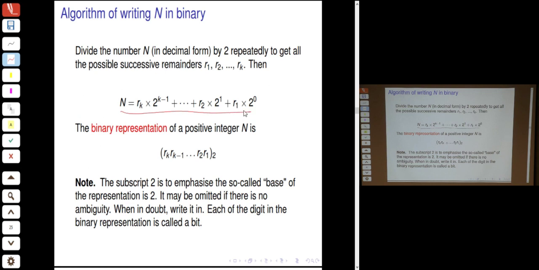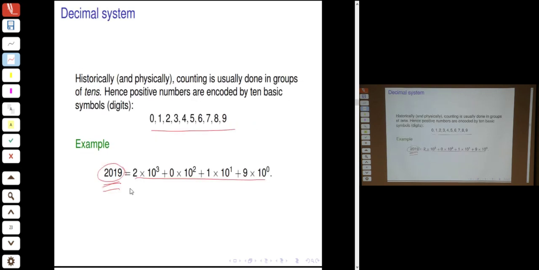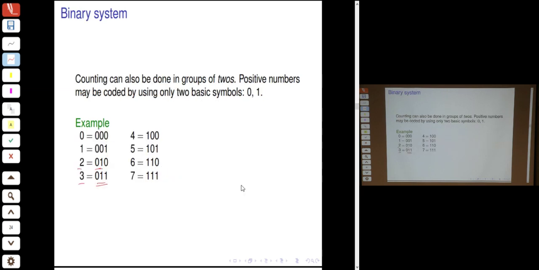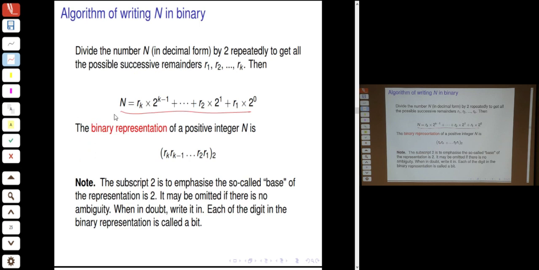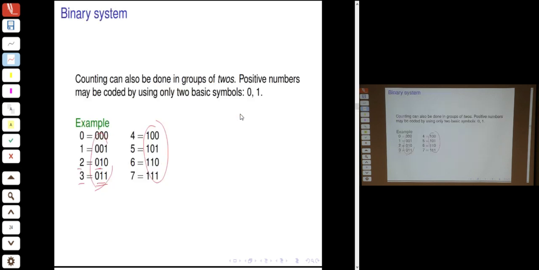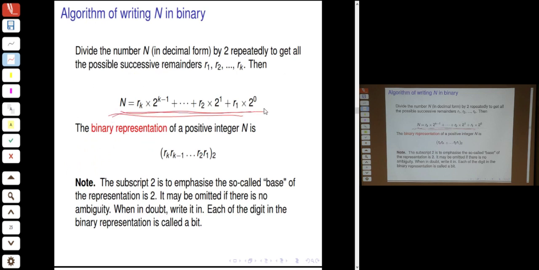expansions. Just like the decimal expansion, or base 10 representation of a number, you have an expansion like this. Similarly, these binary representations are also given by this sort of expansion. These equations that we have here are examples of this sort of expansion.